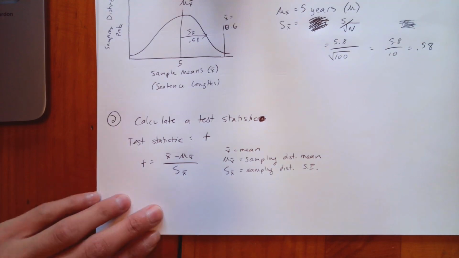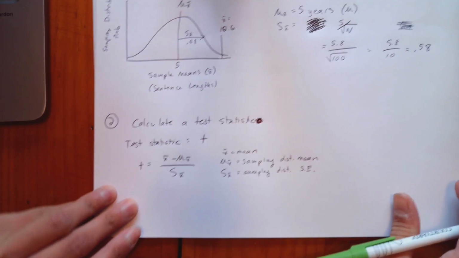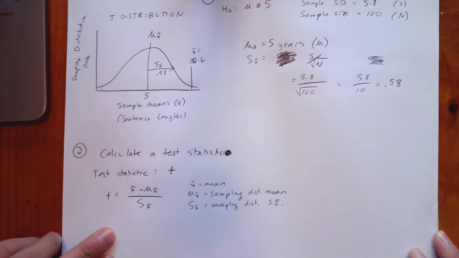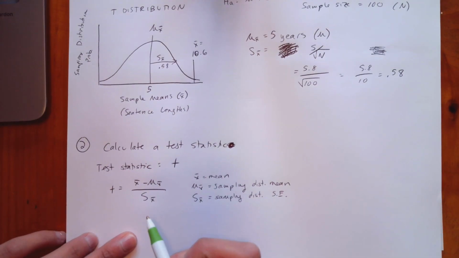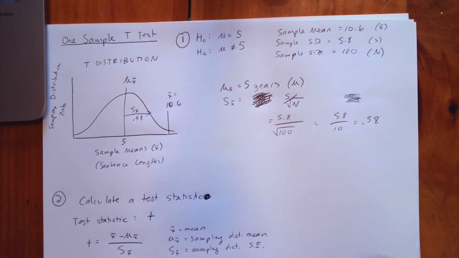So we have all these things calculated already, and this means that we can just take what we have on the top half of the sheet and start plugging it in. If we want to calculate our t-statistic, we're going to first look at our sample mean of interest. In this case, our sample mean is 10.6.